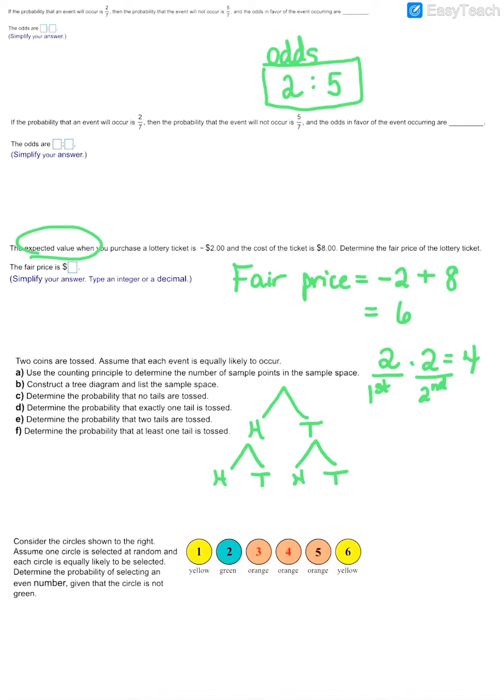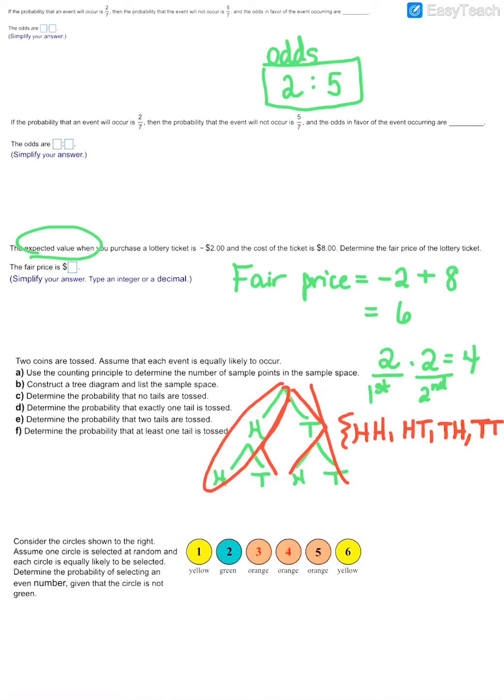Now, listing my sample space, if I follow my tree from top to bottom, this gives the different outcomes. So HH would be an outcome, HT would be an outcome, and then I come down this side, TH would be an outcome, and then finally T with T. So that would be my listing of my sample space.